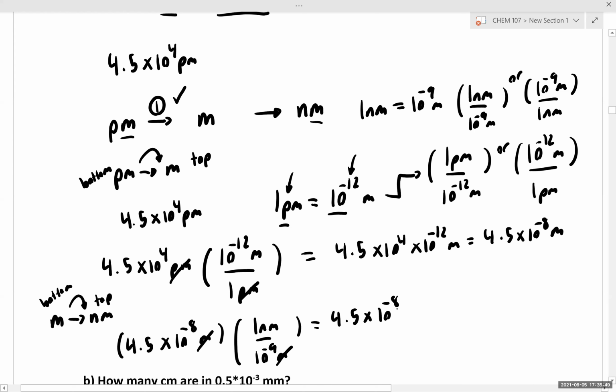So we have 4.5 times 10 to the negative 8th over 1 over 10 to the negative 9th nanometer, which simplifies to 4.5 times 10 to the negative 8 times 10 to the 9th nanometer, which simplifies to 4.5 times 10 to the 1st nanometer.